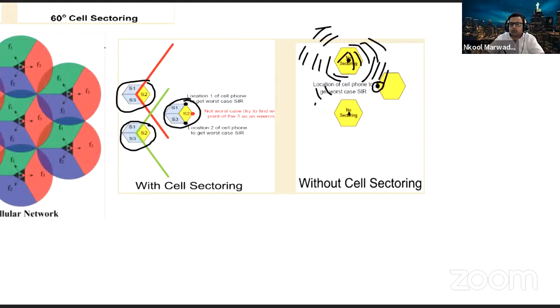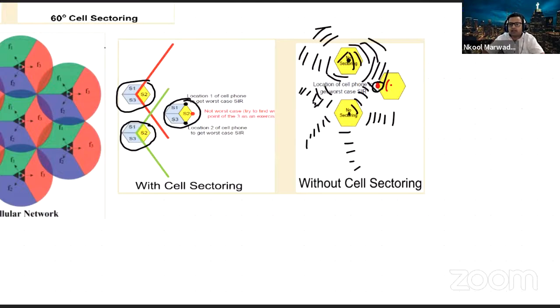Now the problem is that this mobile station, which I will mark in red color, is under the influence of both signals: the signal of its own base station plus the neighborhood base station.